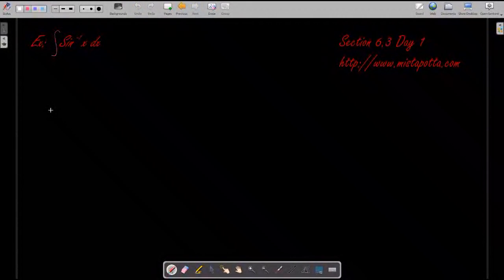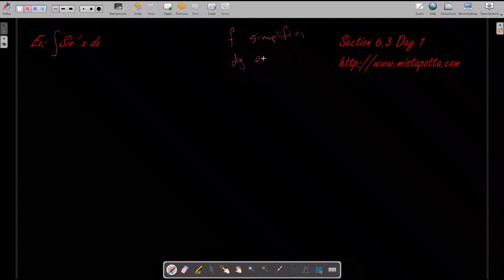Remember that when I'm looking at this, I want f to be something that simplifies. And I want dg to be something that's easy to integrate.